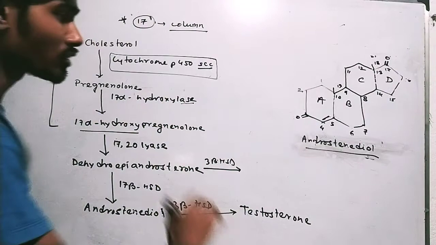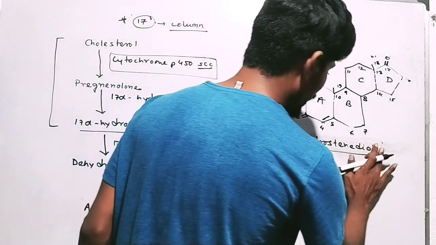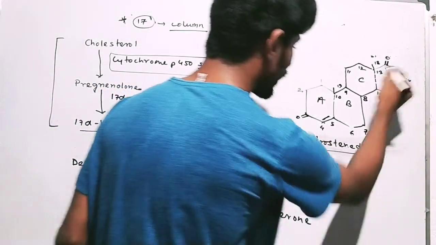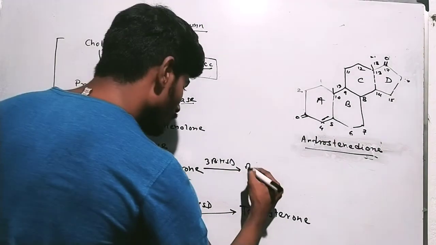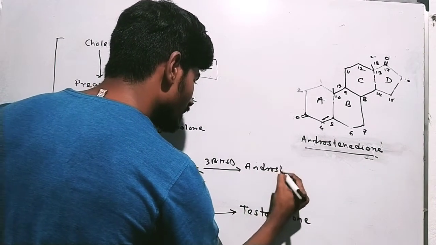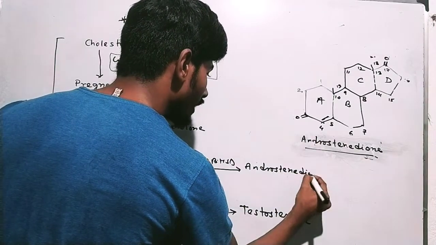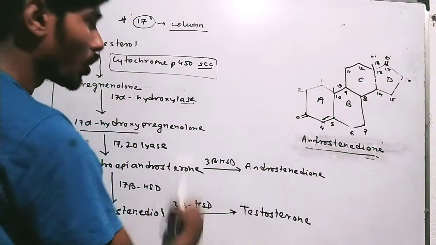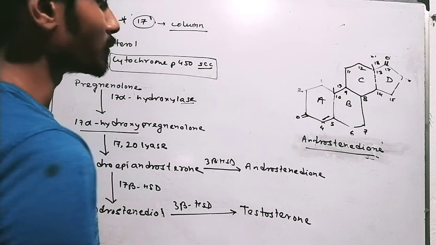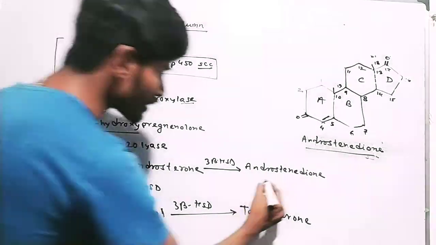Okay, so this is not a diol, this is dione. You can see this is the androstenedione. So now you can see that these compounds are all 19 carbon compounds.